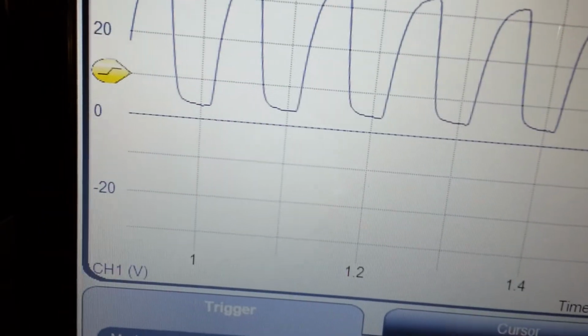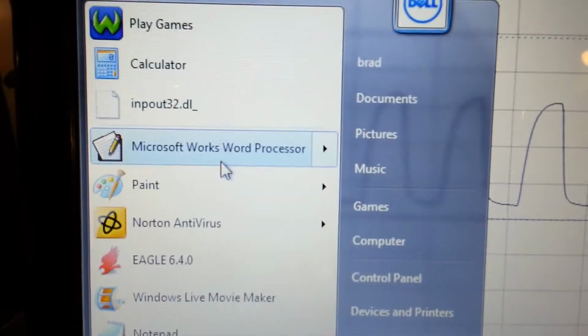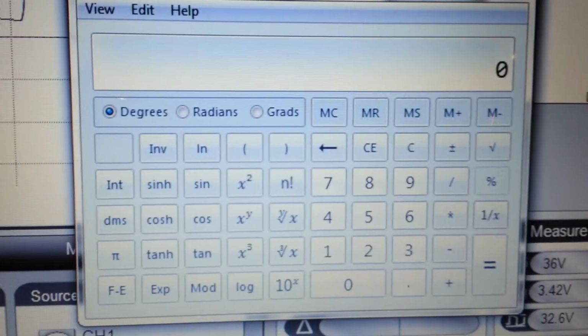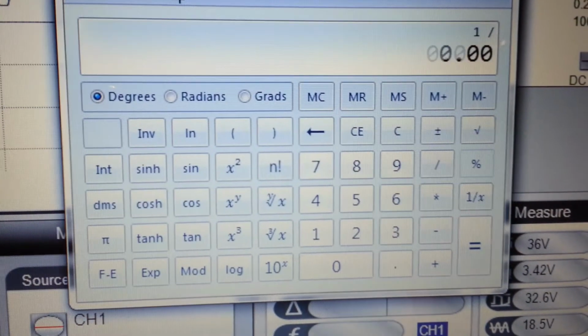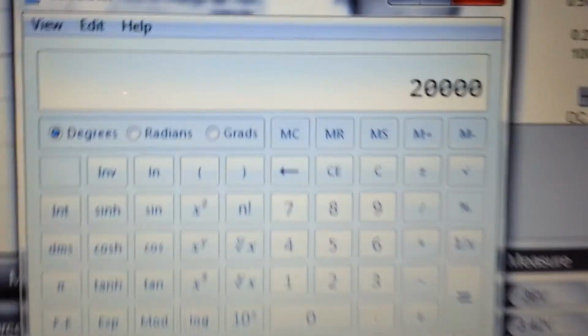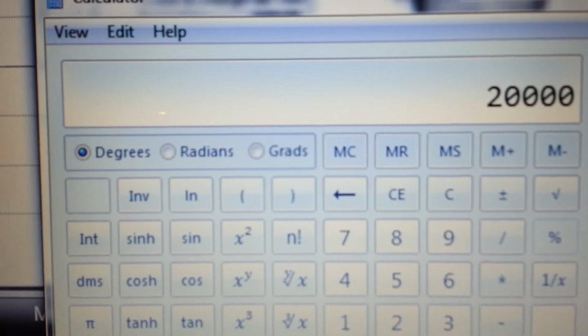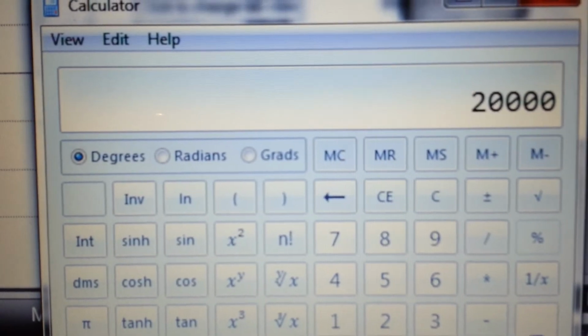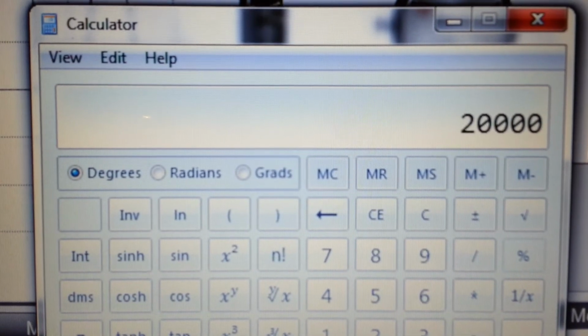So 1.16 minus 1.11, once again, is 50 microseconds. So we're back to a pulse length of 10 kilohertz at 50% duty cycle, which is equal to 20 kilohertz pulse length. So there you can see the difference between the two.